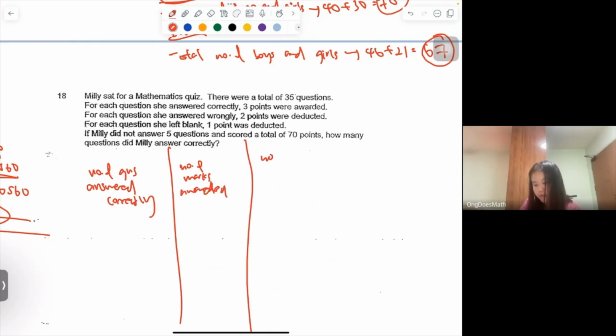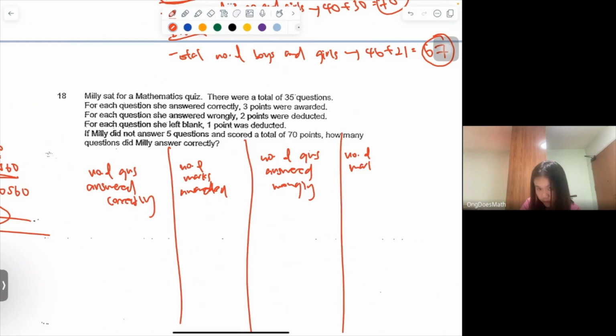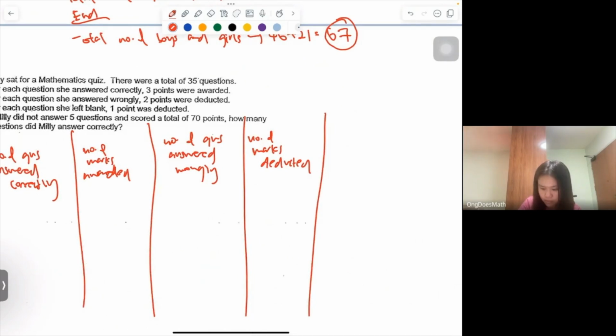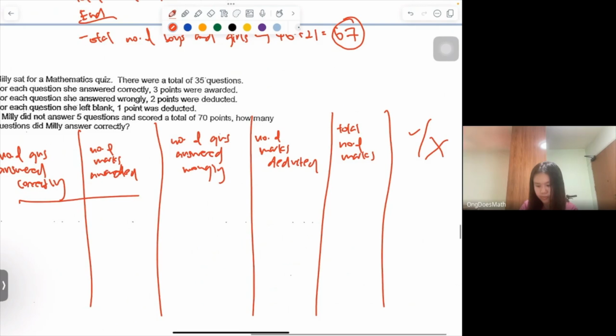Then it will be the number of questions answered wrongly. Number of marks deducted. Total number of marks. And then you check whether it's what you want.